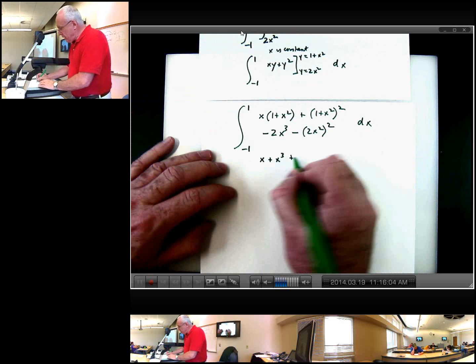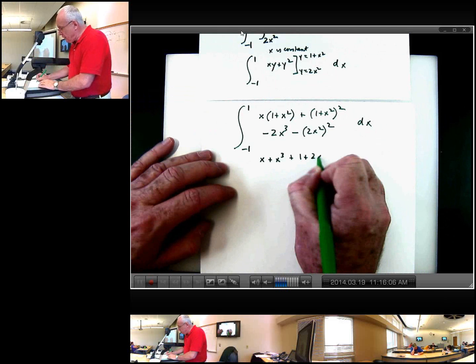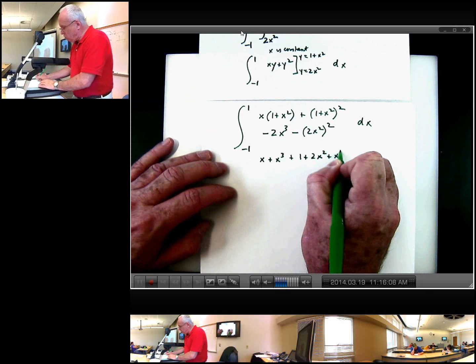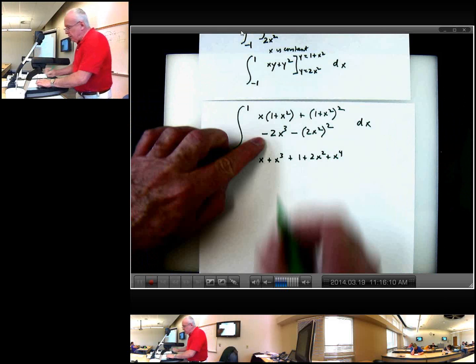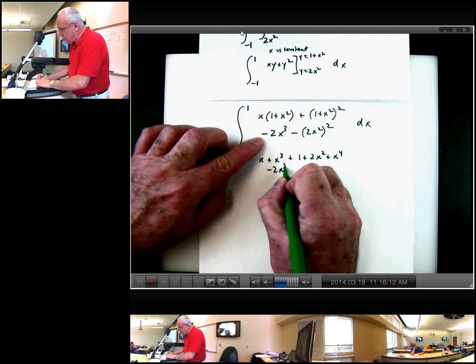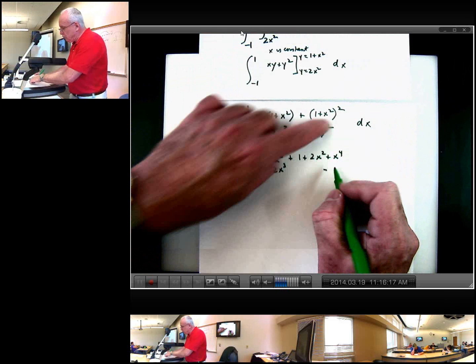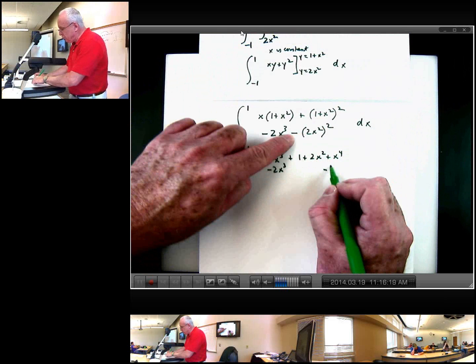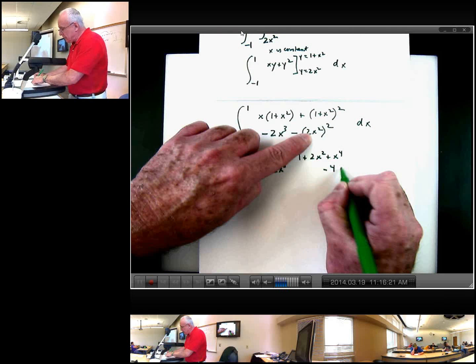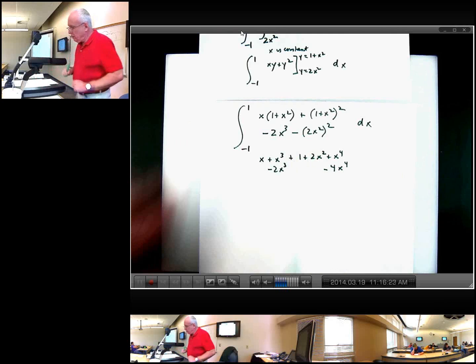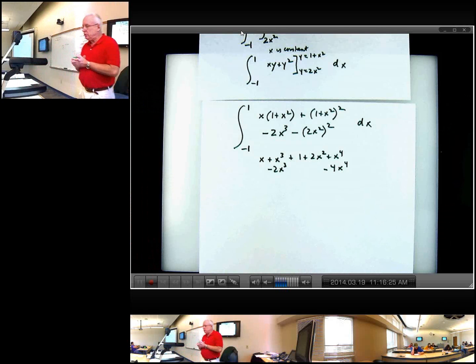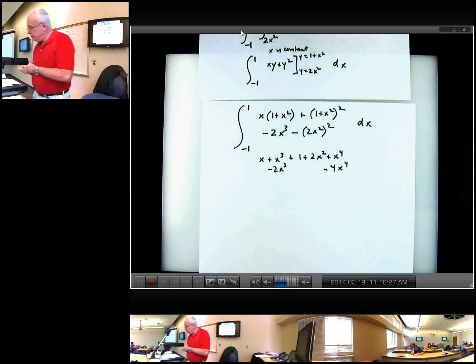FOIL that out, I'm going to get 1 plus 2x squared plus x to the fourth. And then I'm subtracting 2x to the third. And here I'm subtracting 2 squared. Don't forget, I got to square the 2. 2 squared x to the fourth. Okay, I don't think I made any mistakes with that.